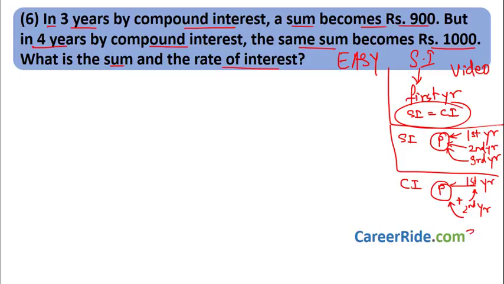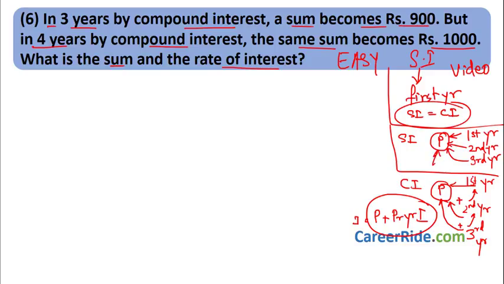After third year you will get the interest which is calculated on amount P plus the second year interest. That means every year you are getting the interest which is calculated on amount P and the previous year interest. That is the reason we call it compound interest. It is not simple like simple interest, which is calculated based only on P.